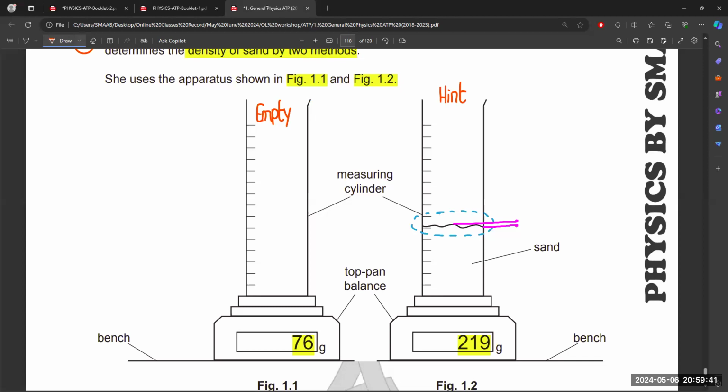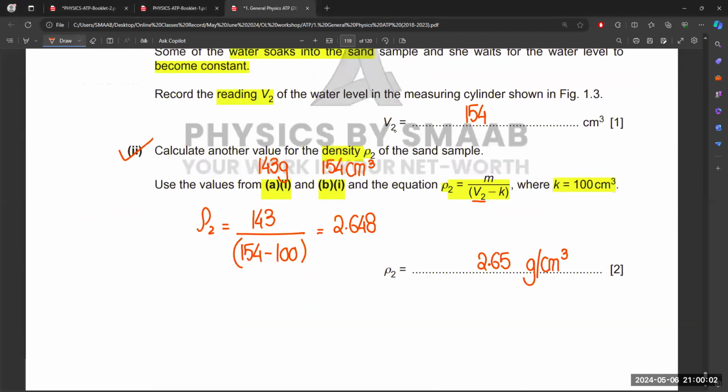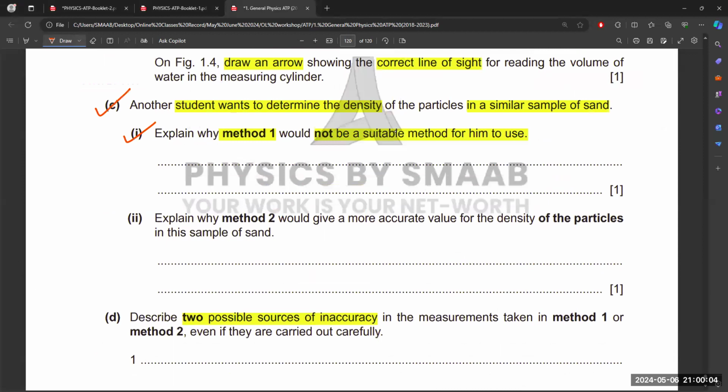So you will also use that idea that there might be a chance of gaps between the particles, and due to the gaps between the particles, maybe that sand is not completely leveled. So that's why we are not getting an exact reading from the measuring cylinder, right? So that's why method one is not suitable for the student to record the value of density.